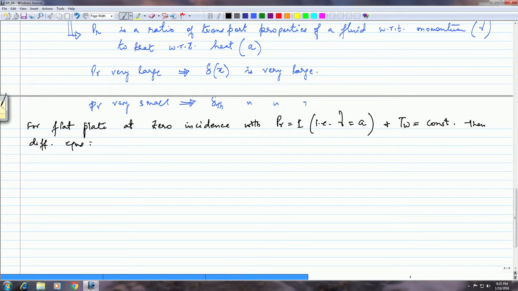The differential equations, if you see, I am reproducing this, you can look this up yourself. Okay, so this is for the velocity.